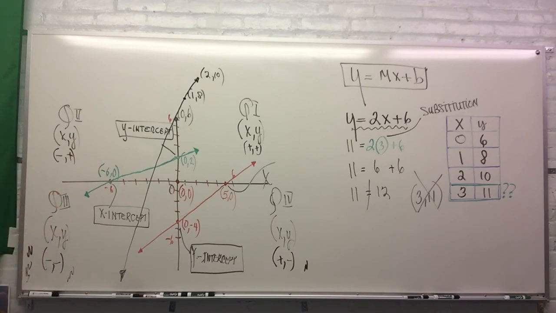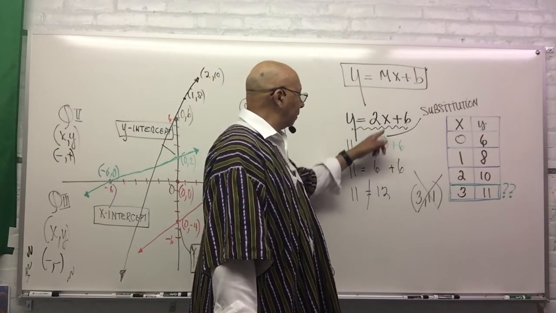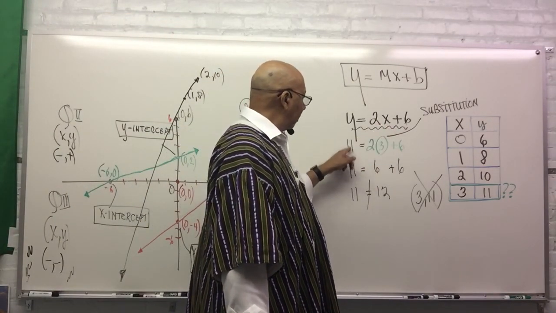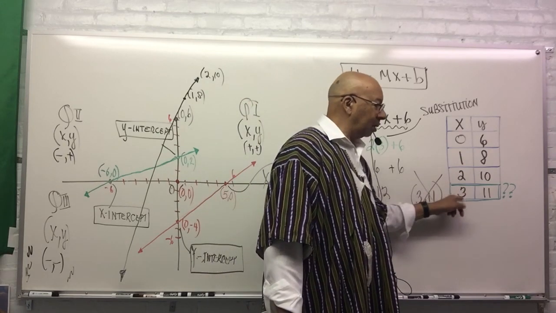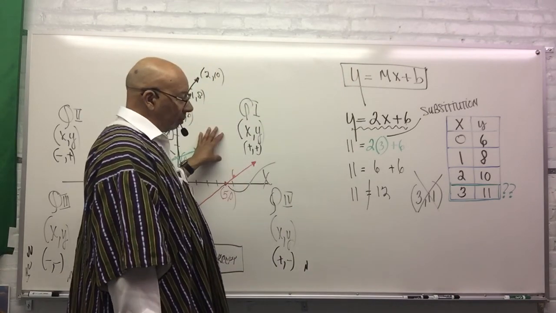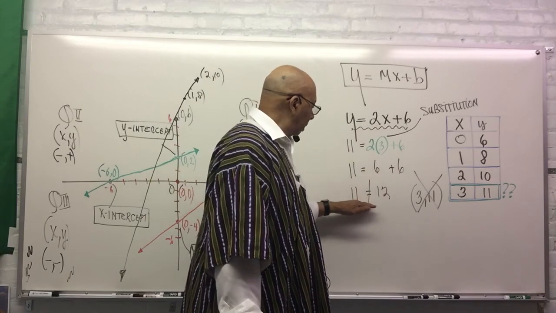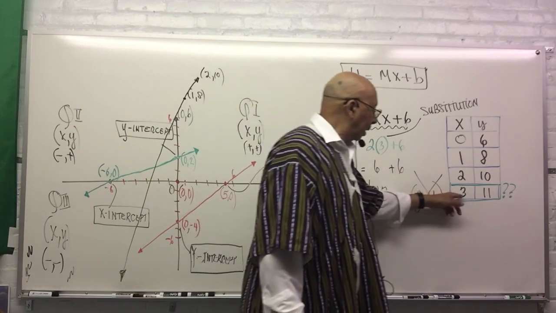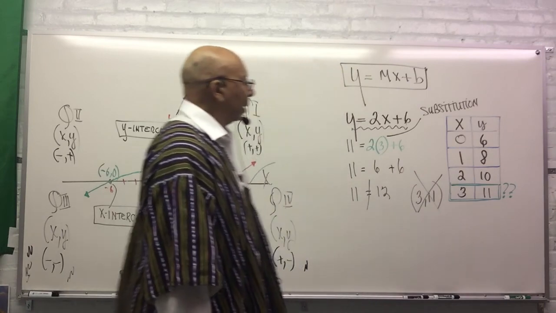Is it equal? In the example we used, we substituted the 3 for the x, the 11 for the y, because that was the coordinate, 3, 11, which was in quadrant 1 because they were both positive, but it didn't work. So we know this particular point, 3, 11, is not on the line with those other 3 points.